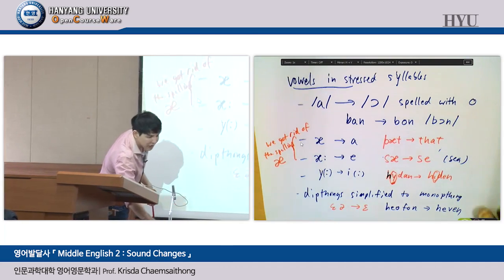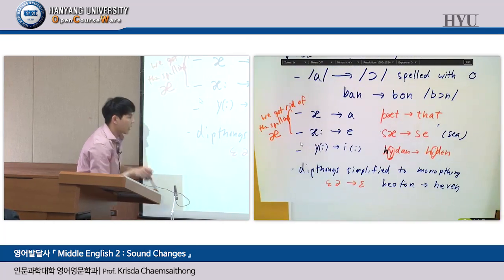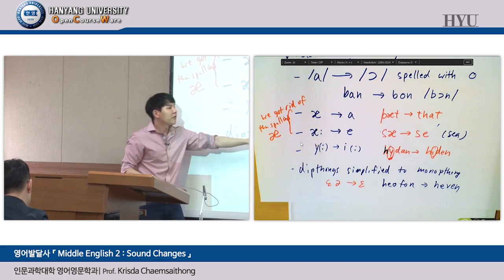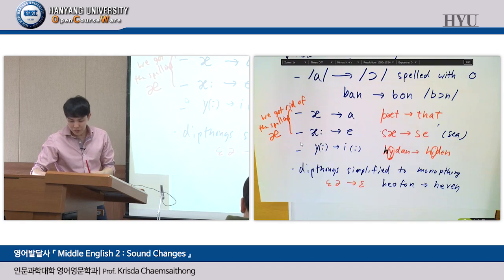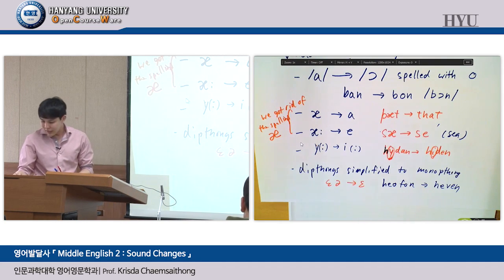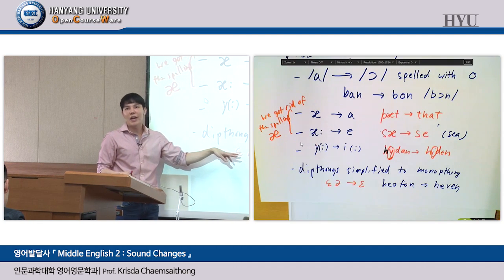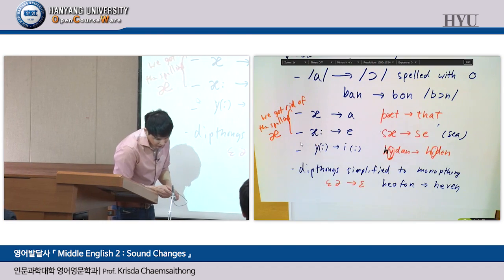Finally, diphthongs, meaning two vowels, right? Two vowels in Old English came to be simplified to monophthongs. What that means is you just pronounce the first sound. The second sound is dropped. So I write this here.